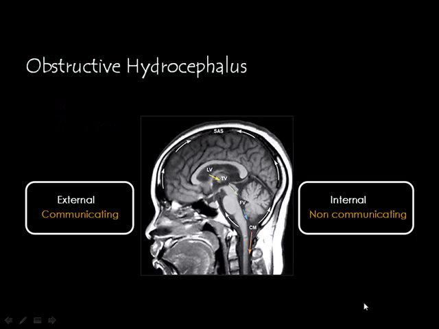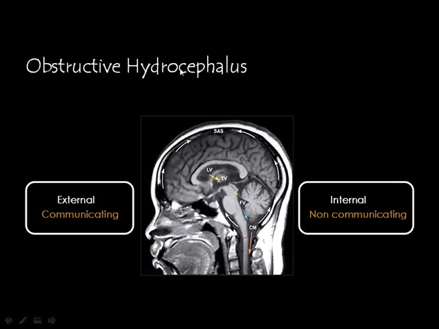We have what's called obstructive hydrocephalus and non-obstructive hydrocephalus. The non-obstructive hydrocephalus is caused by the presence of a tumor in the choroid plexus over-secreting the CSF. There is no obstruction, but there is overproduction of the CSF.